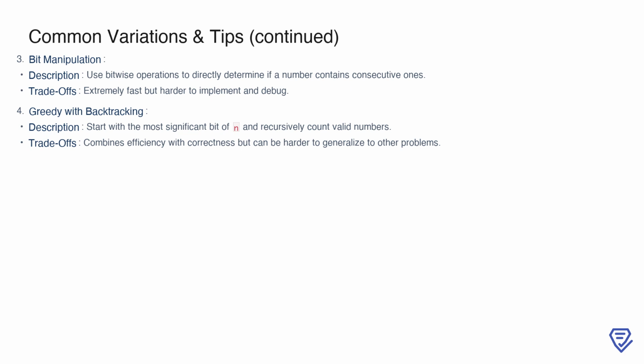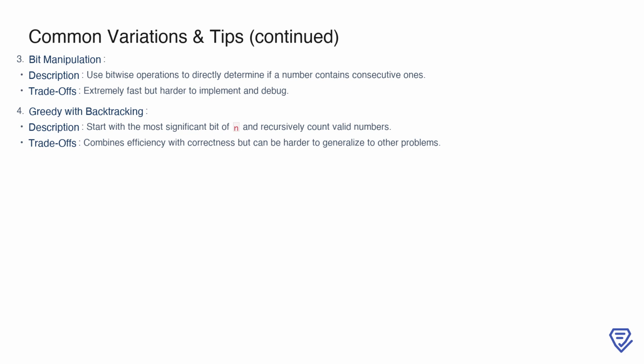Here, you start with the most significant bit of n and recursively count valid numbers. This method strikes a balance between efficiency and correctness, but it can be a bit tricky to generalize to other problems. Each of these approaches has its own strengths and trade-offs, so it's important to choose the one that best fits the problem requirements and your familiarity with the techniques.